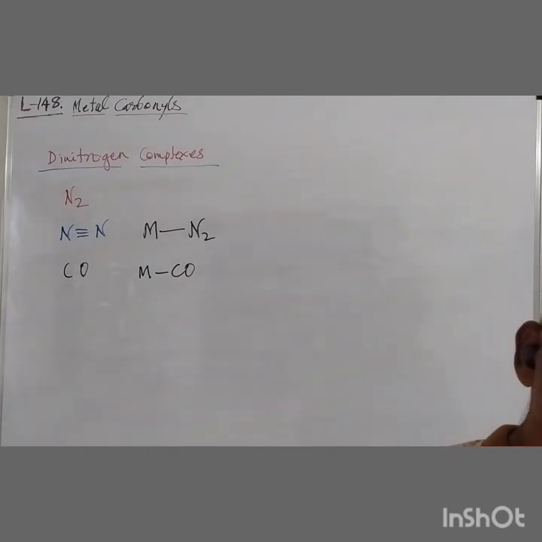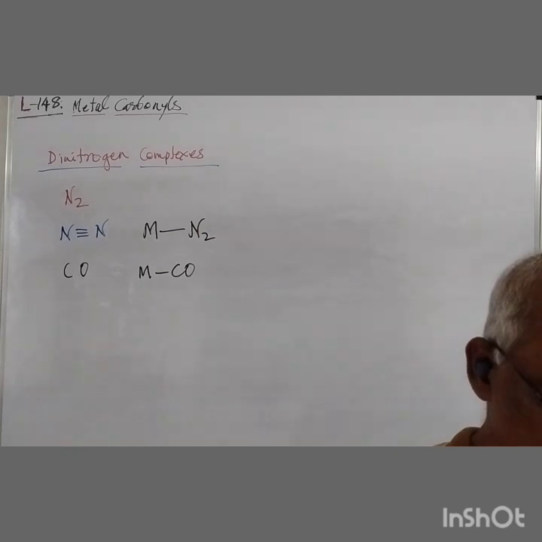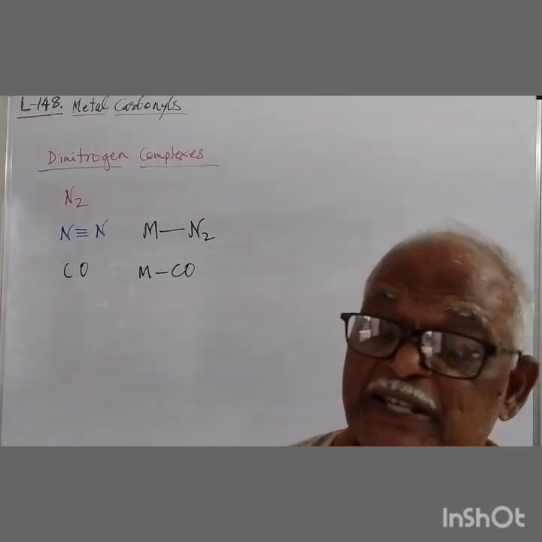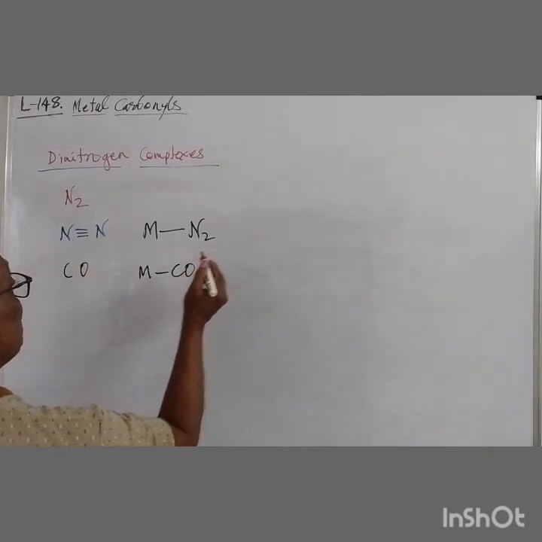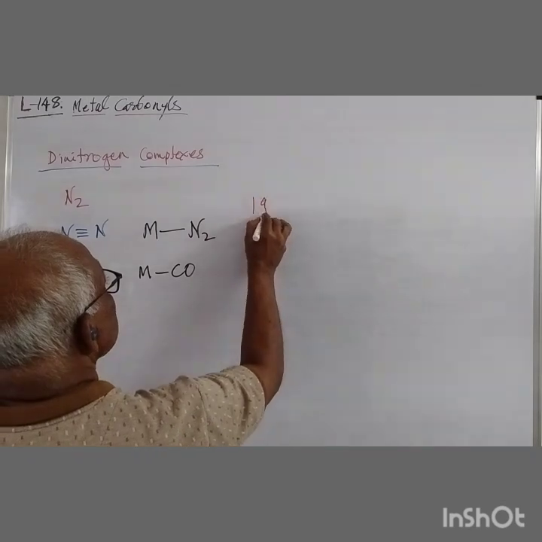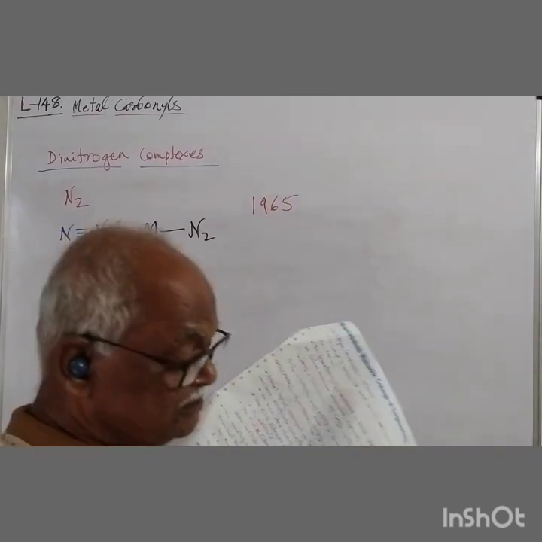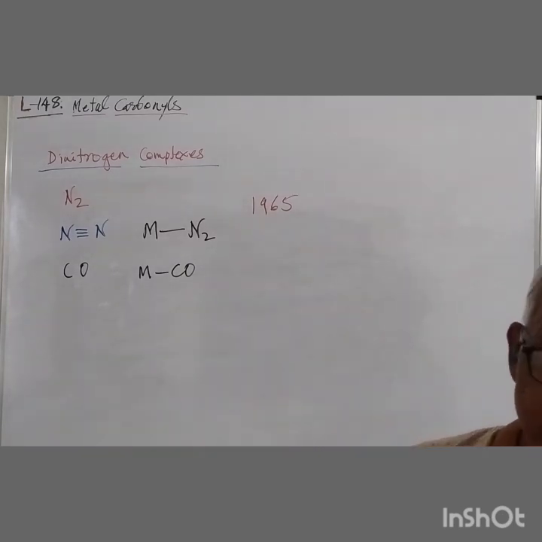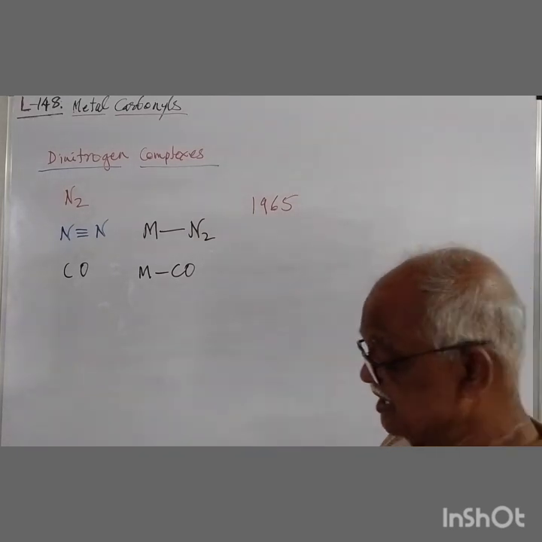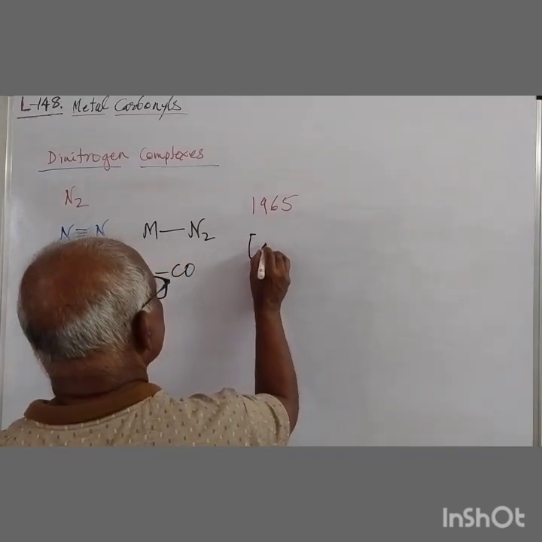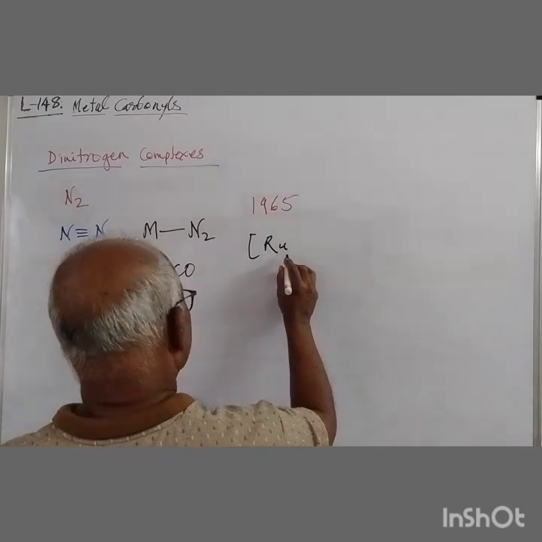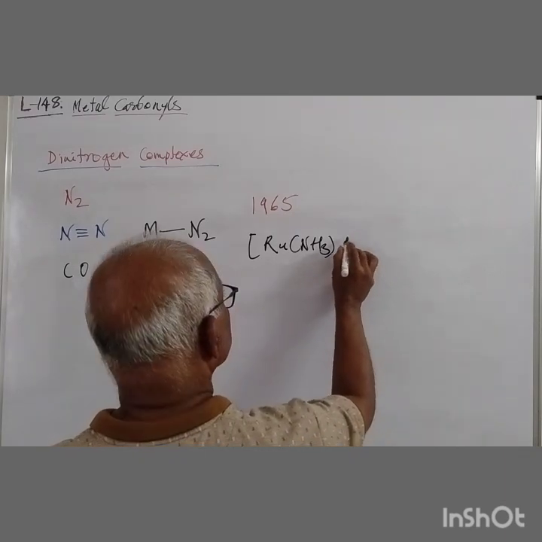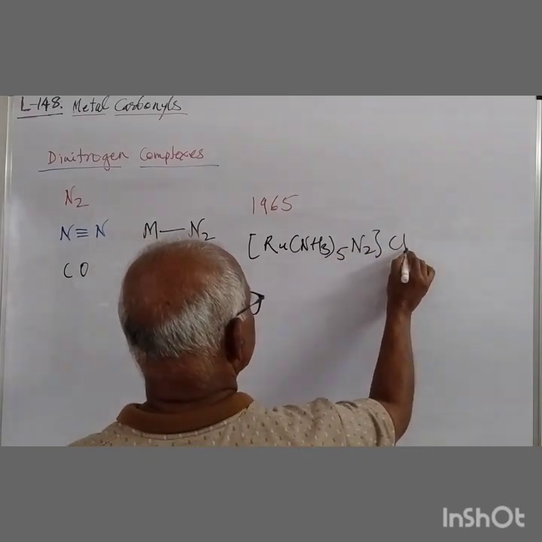If we see the history of these dinitrogen complexes, in 1965 the first complex of dinitrogen was reported, and it is of ruthenium, that is Ru(NH3)5N2Cl2.